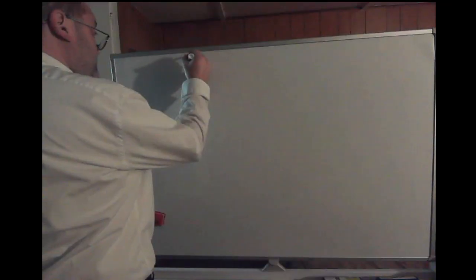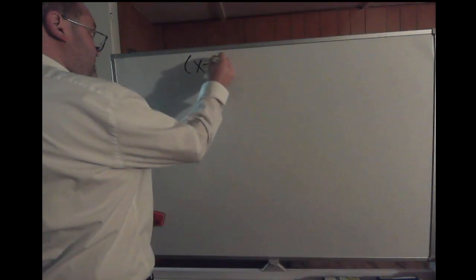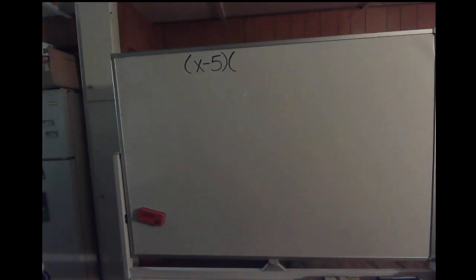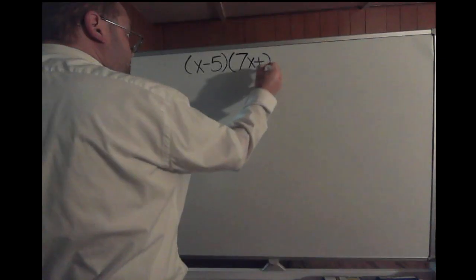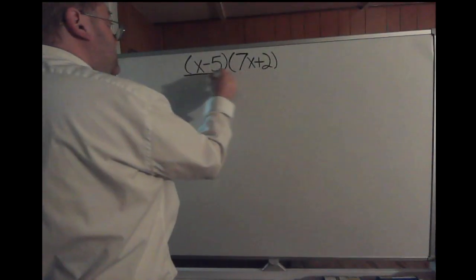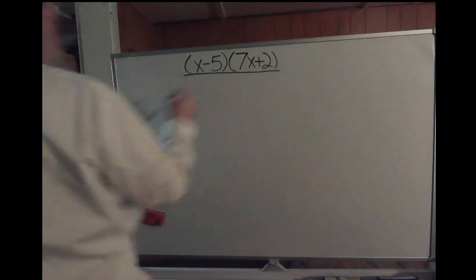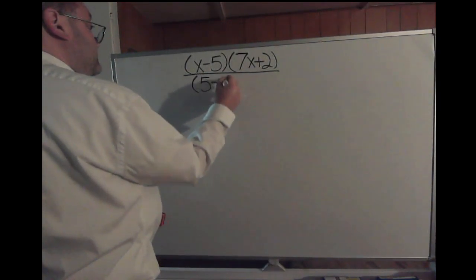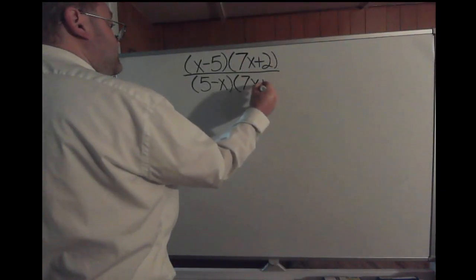Alright. We have x minus 5 times the quantity of 7x plus 2 all over the quantity of, now we have 5 minus x times the quantity of 7x plus 2.